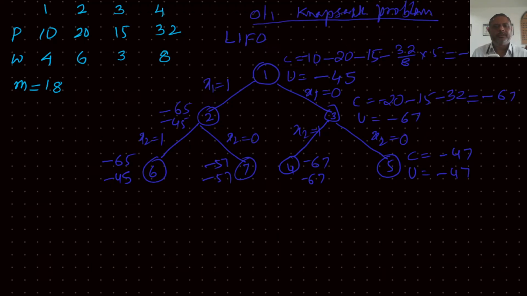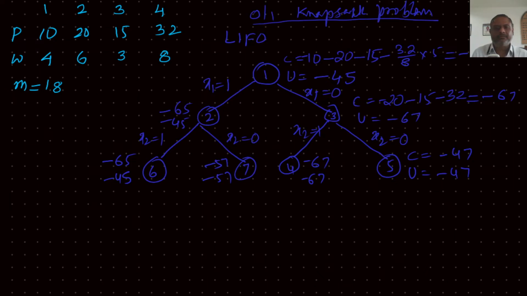Both cases are the same, because only the first is used and the second is not used. So 1, 3 and 4: 4 plus 3 is 7, 7 plus 8 is 15, which is less than 18, so we don't need any fraction. Done.